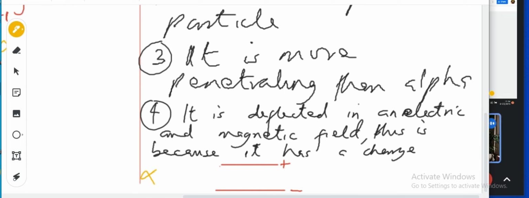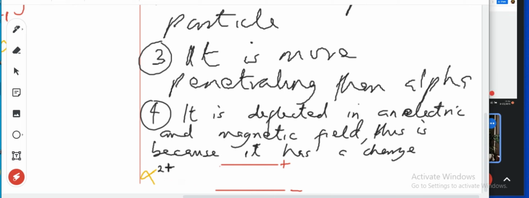Are you listening to me? If an alpha particle enters this electric field, how will it be deflected? You need to know the charge of an alpha particle. What's the charge? 2 plus.